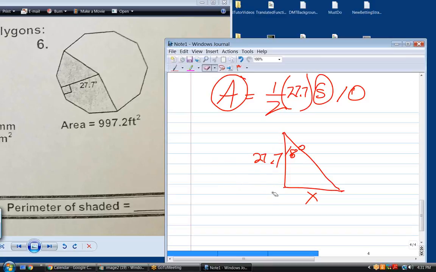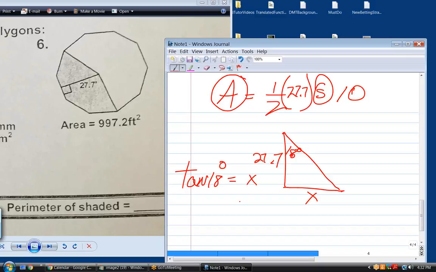Now, give me a trig function that lets me solve for x. What trig function relates x to 27.7? The only two values we have. Tangent. Tangent of 18 degrees equals what? x over 27.7.